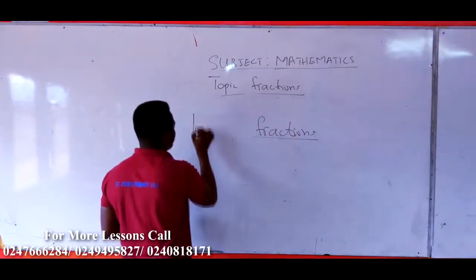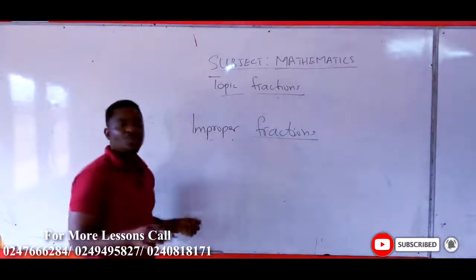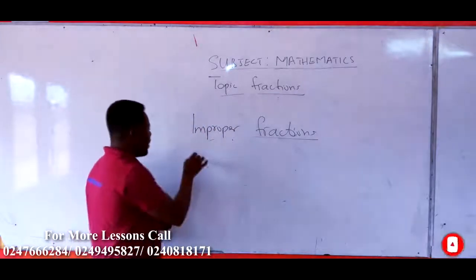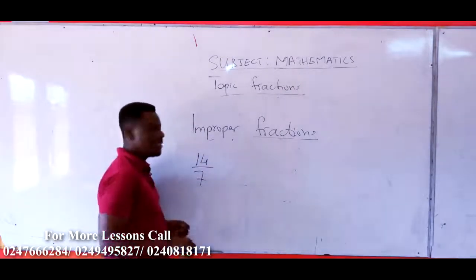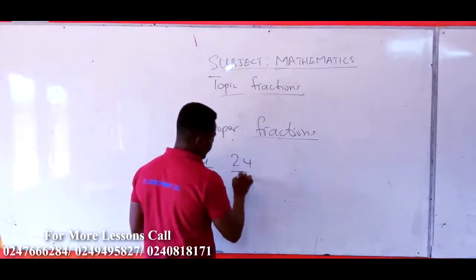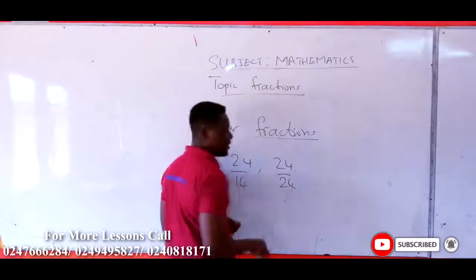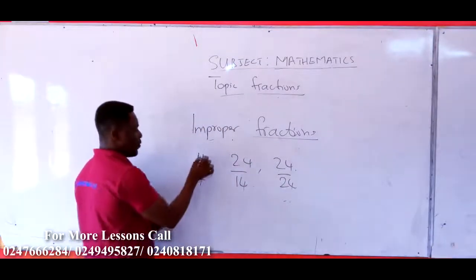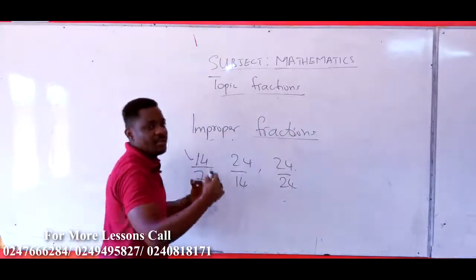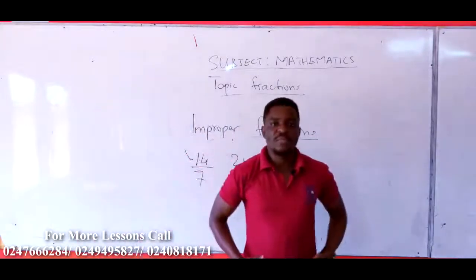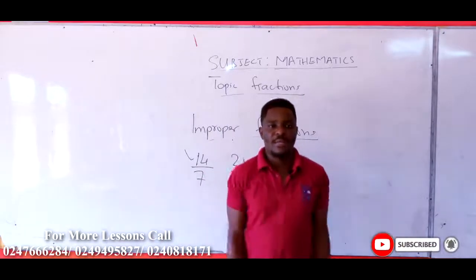Now, the other example that I want us to look at is the improper fraction. What is an improper fraction? With this type of fraction, the numerator is always bigger than the denominator, or even the same as the denominator. Look at the examples: 14 over 7, so the top number is bigger. Like my body, the top part of my body is bigger than my legs.